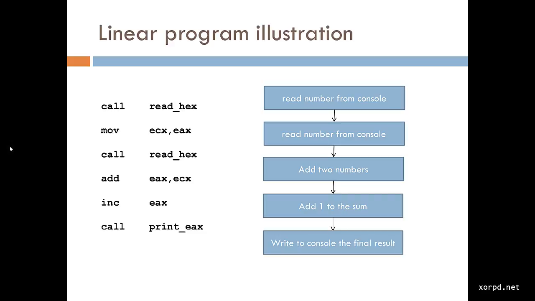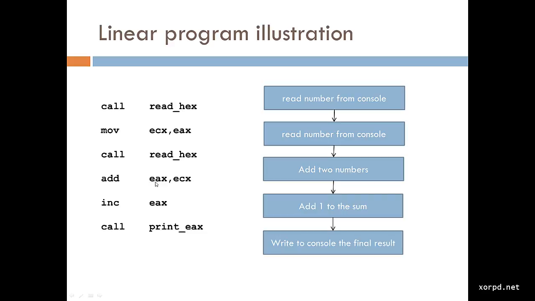Okay, we can see that first it reads some value from the console. If you remember the function readHex, it reads a number in base 16 from the console. Then it keeps this number inside ECX. Then again it reads another number from the console. And this time it takes the previous number, which was stored inside ECX, and adds it to the current read number, which is stored in EAX.